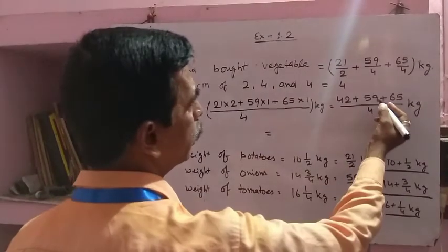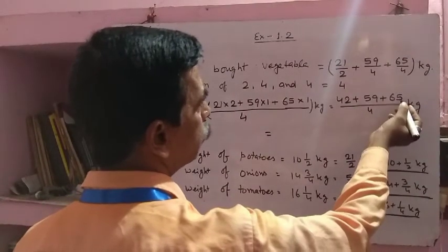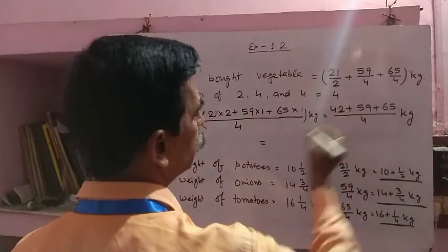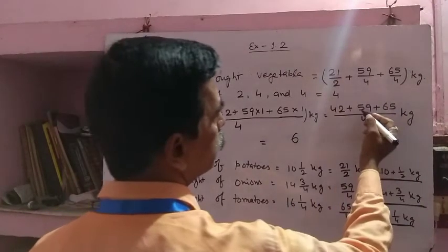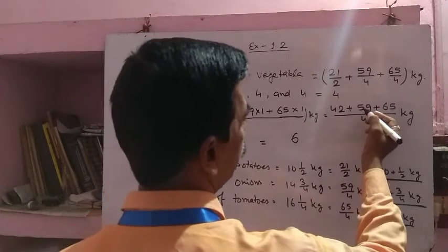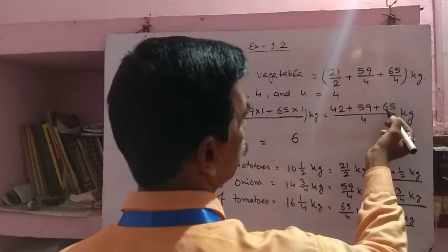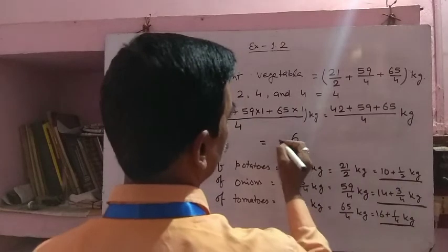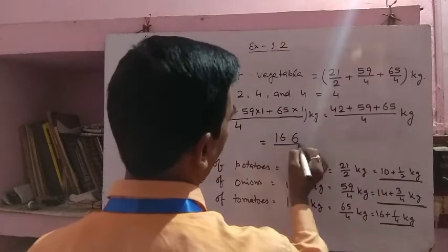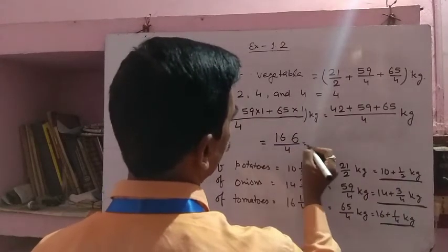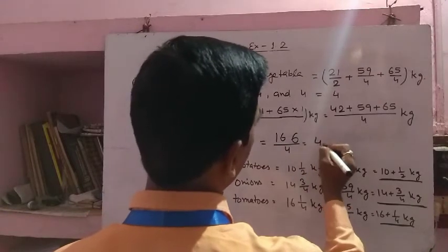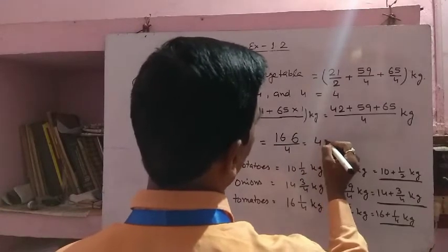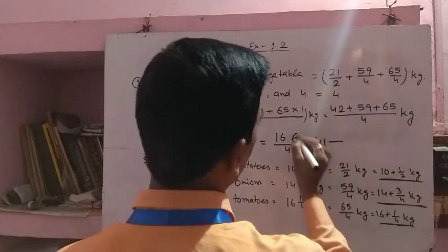Add these values. 9 plus 5 is 14 plus 2 is 16. 6 carried 1. Carried 1 added to 5 becomes 6. 6 plus 6 is 12 plus 4 is 16 by 4. So it becomes 4, 4 times 4 is 16, 4 1 is 4. So how much remains? 2 remains here.